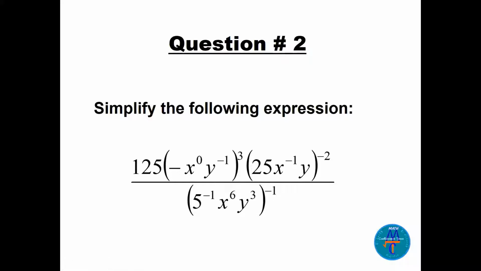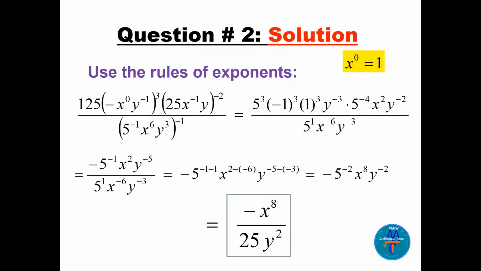Let's try. It's better to try it yourself, please, if you want to learn more. Okay, let's see. Now the answer: minus x to the power 8 divided by 25y squared.